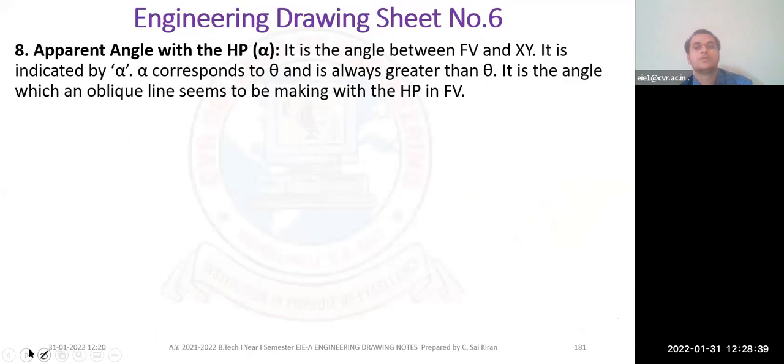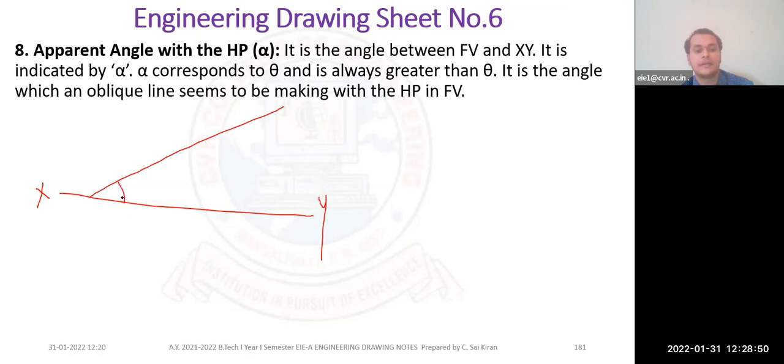Next is the apparent angle. This is my XY line. Whenever I give an inclination above the XY line, it is called theta. And whenever I give my inclination below the XY line, it is called phi.